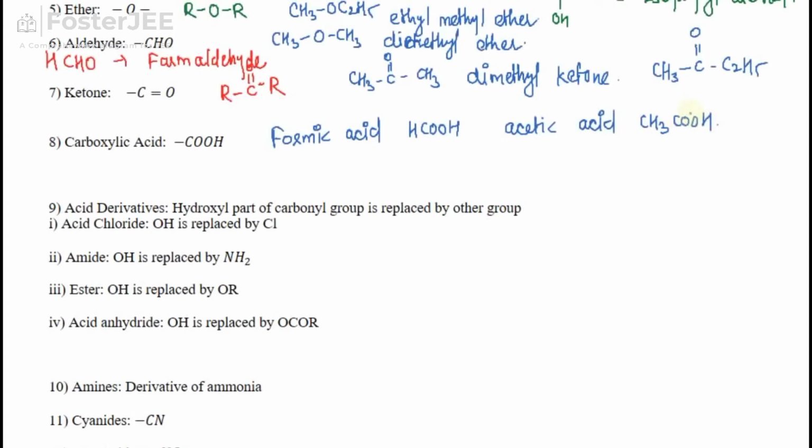Similarly, propionic acid. There are many other common names. For example, if one double bond is present in the carboxylic acid, suppose this CH2 group is attached with CHC double bond OH, then the name of the compound is acrylic acid.